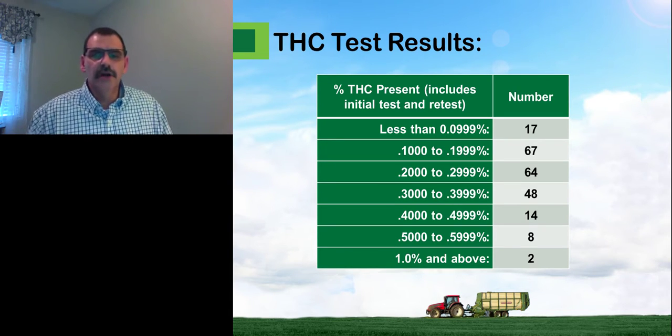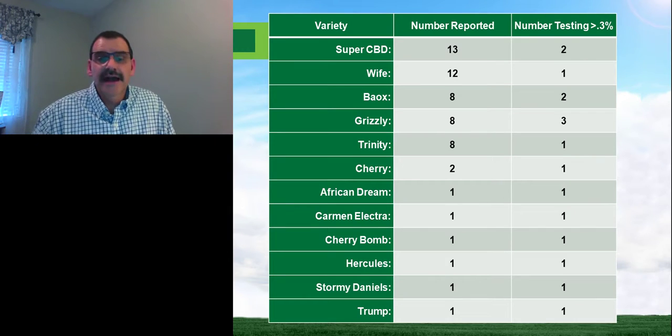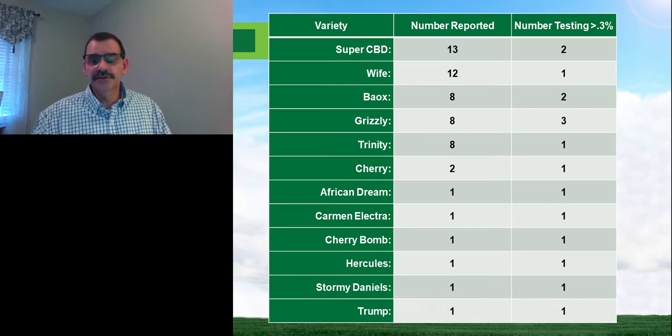Now, these are not all of the varieties that were grown in Georgia last year. In fact, we did not ask for variety names. It probably would have been a good thing for us to do that, but we did not. But a number of growers provided variety names to us, and I'm glad they did. So in this slide, I took the 5 most commonly reported varieties and listed those, and then I listed the other varieties that tested above 0.3% THC.